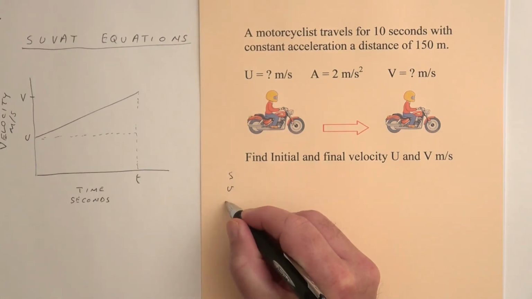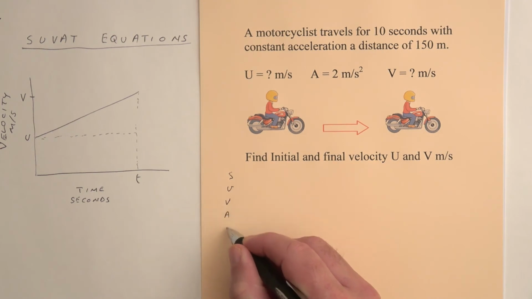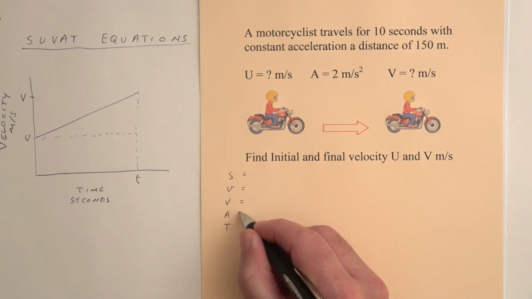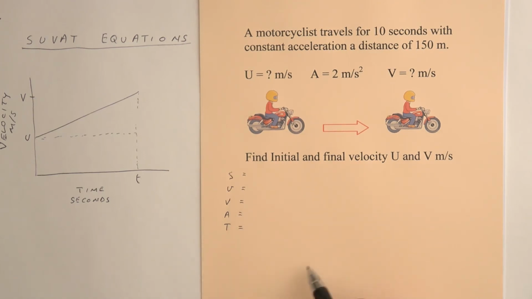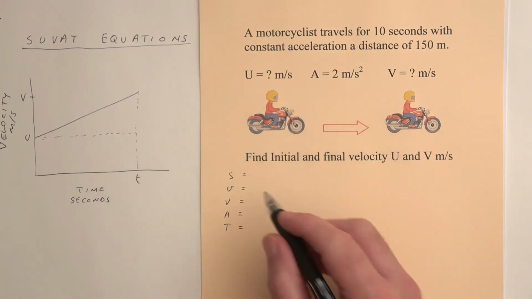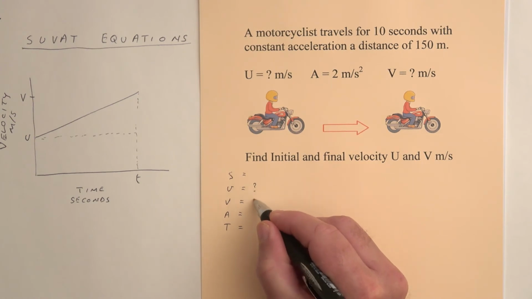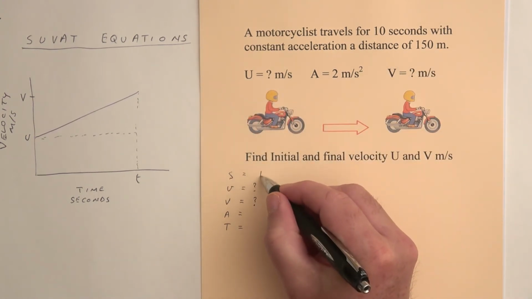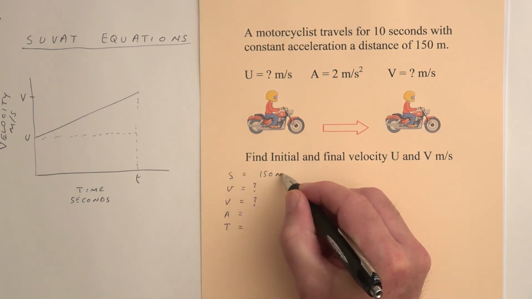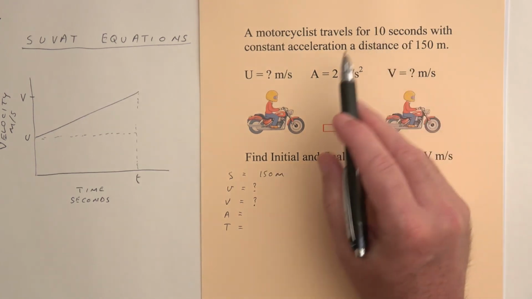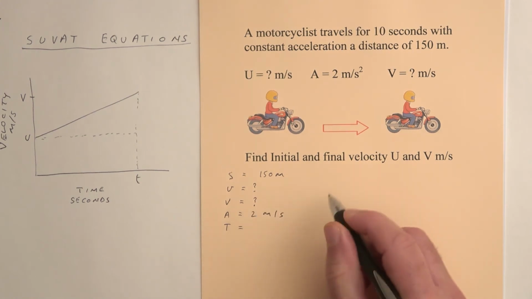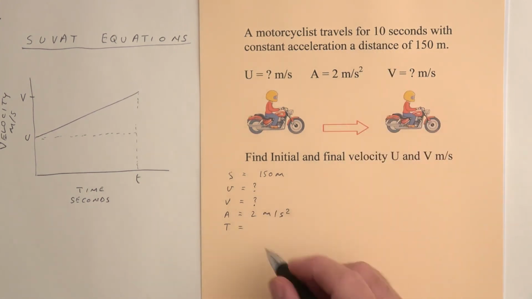This one we've got to find two things. Got to find u, initial and final velocity, and all we're given is the distance, 150 meters. It goes acceleration of 2 meters per second squared, and time is 10 seconds.